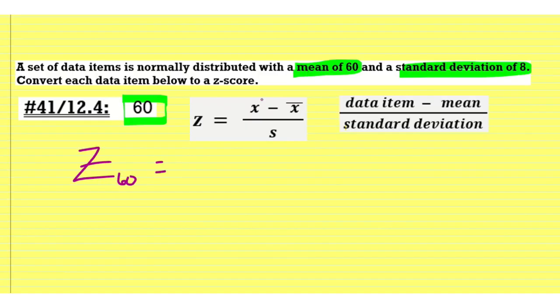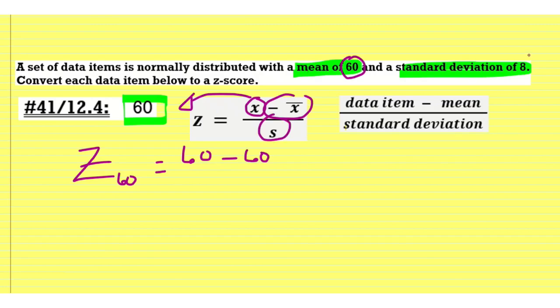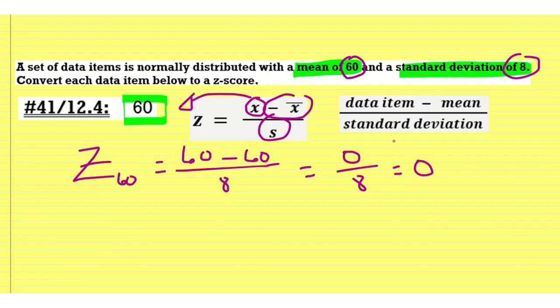It's going to be equal to the data point, 60, minus the mean. Well, the mean is 60, so minus 60, divided by the standard deviation, which is 8. And of course, that is going to be 0/8, which is just equal to 0.